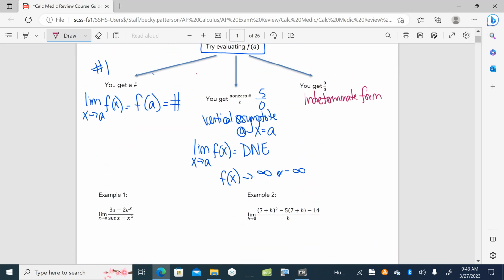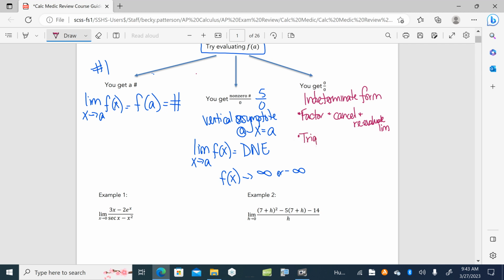So, indeterminate form, if that happens, you can factor and cancel and reevaluate the limit. So you can factor and cancel some things and reevaluate your limit, and usually that's all it takes.